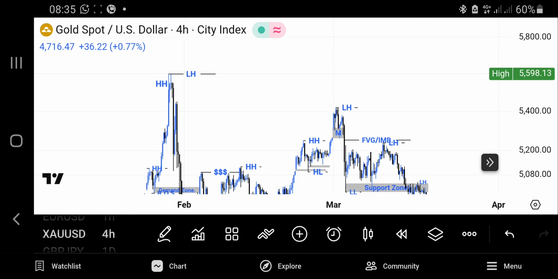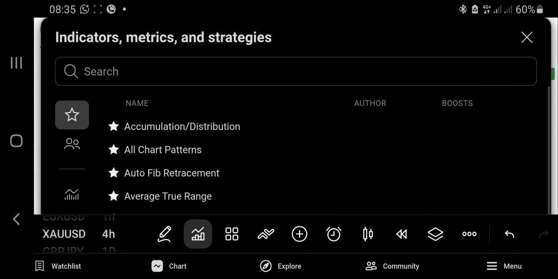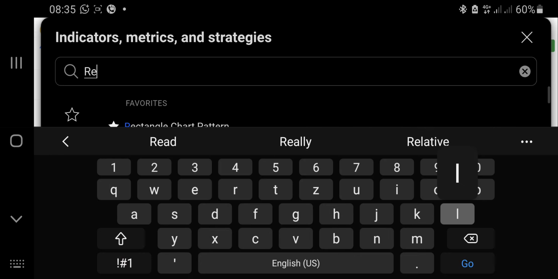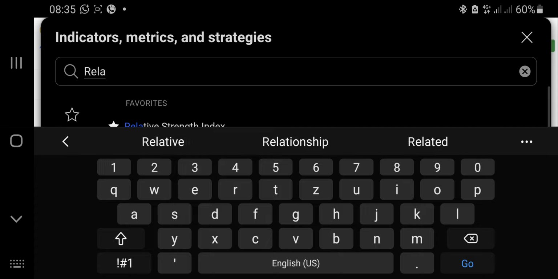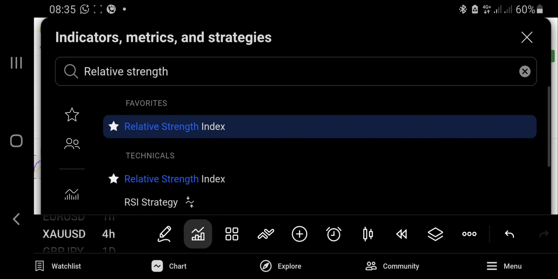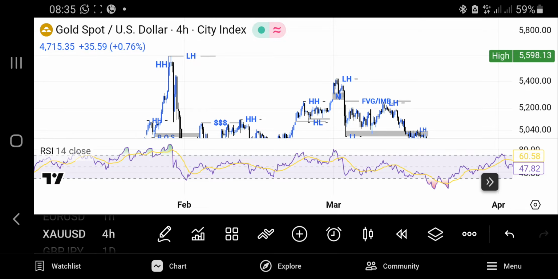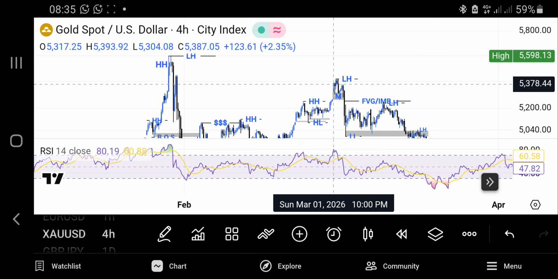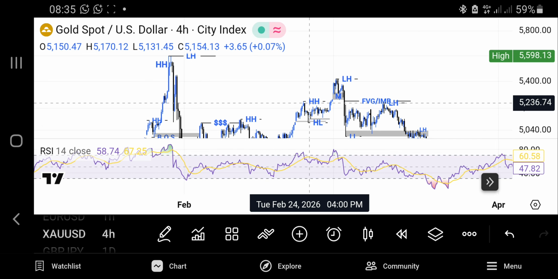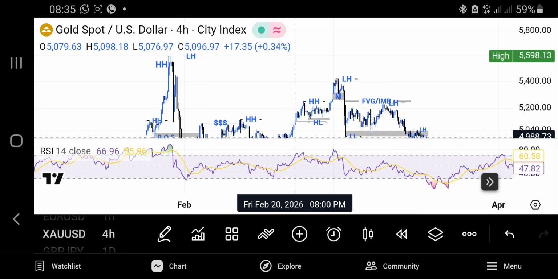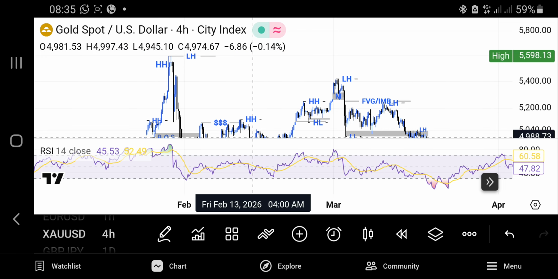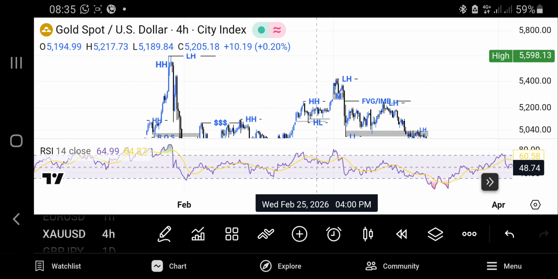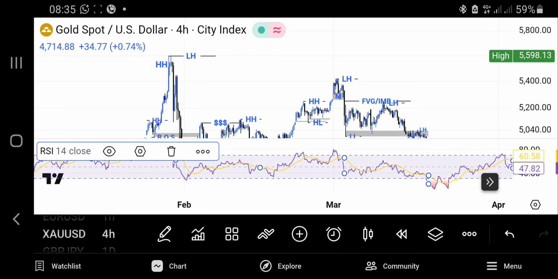Something I want to confirm. You can see two lower highs. Let me check the relative strength index to see if I get a higher high to confirm a hidden bearish divergence. There's lower high, lower high.